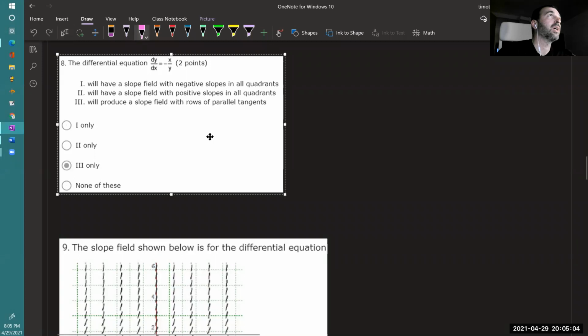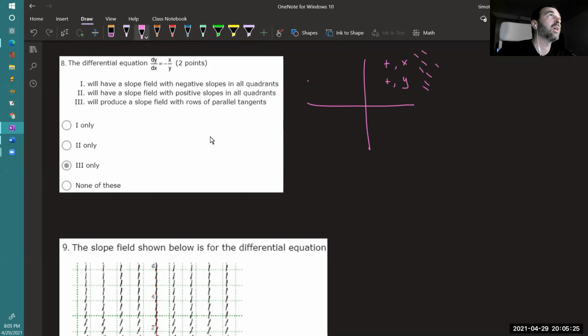So let's, for example, take a few quadrants and see. If I have this quadrant here where x is positive and y is also positive, then this is going to produce negative slopes like that.